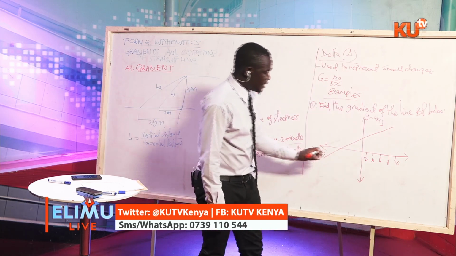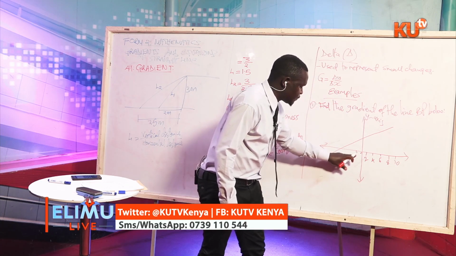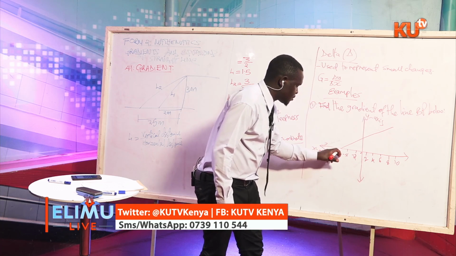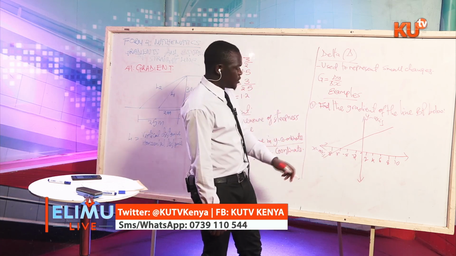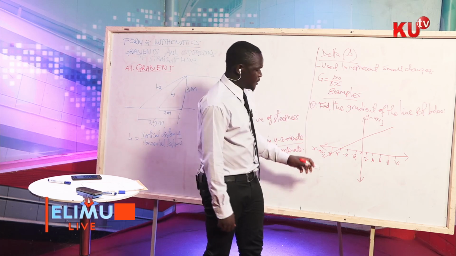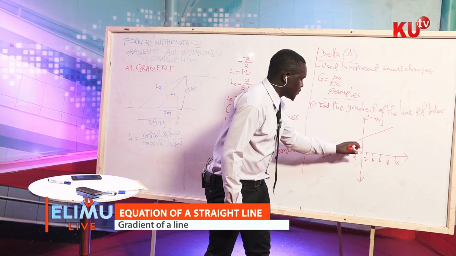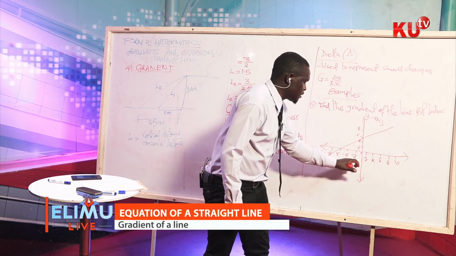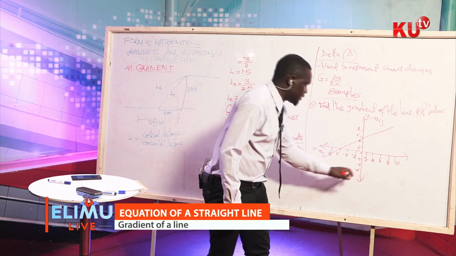Then on the negative side, this is obviously 0, then -2, -4, -6, -8, and so on. Then the y-axis, this is 2, 4, 6, 8. Then -2, -4, -6.